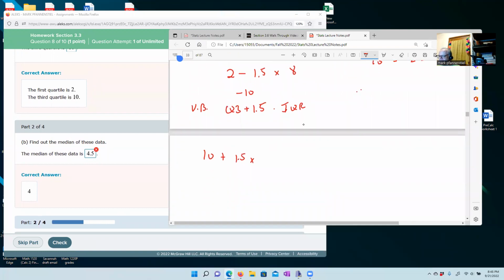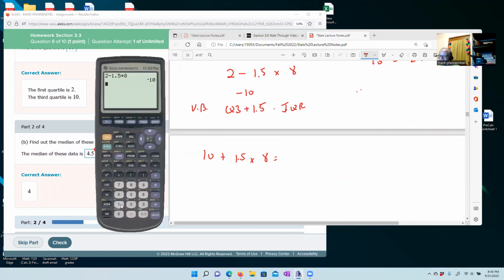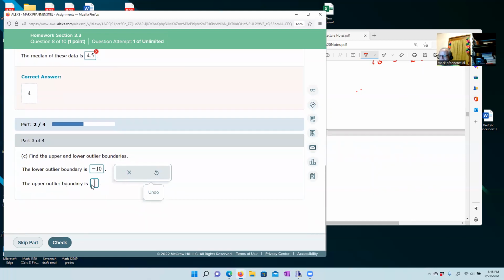Okay. We're just going to type this in exactly the way we see it. So we have 10 plus 1.5 times 8. Yeah, it's 22. Okay, so our upper bound is 22.